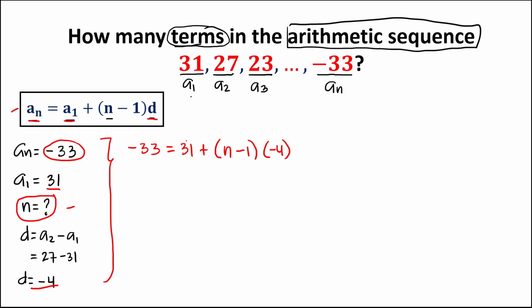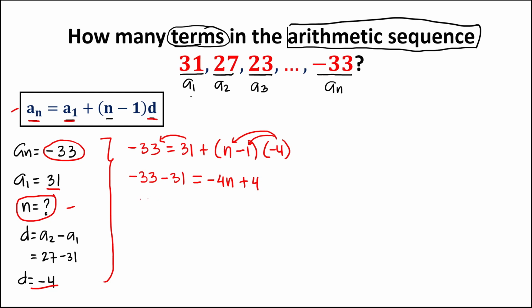Then to simplify, we need to transpose this positive 31 to the other side, so this becomes negative 31, then equals, distribute this negative 4, so negative 4 times n, negative 4n, then negative 4 times negative 1, negative times negative, this becomes positive 4.